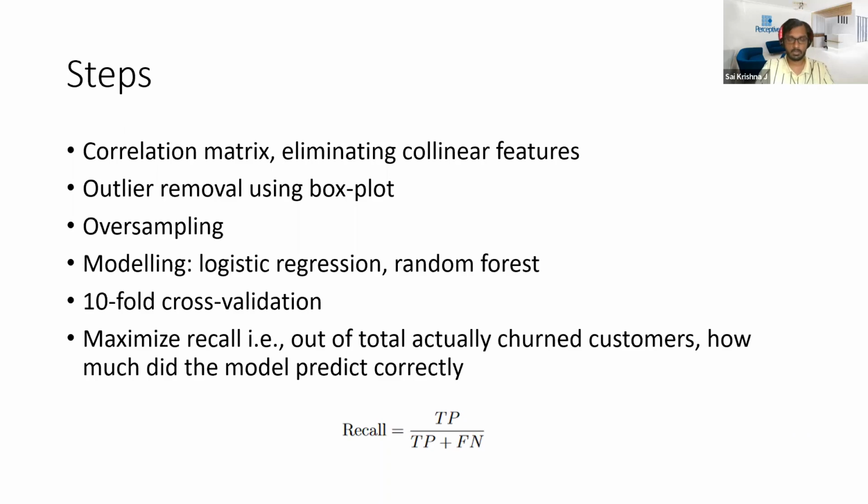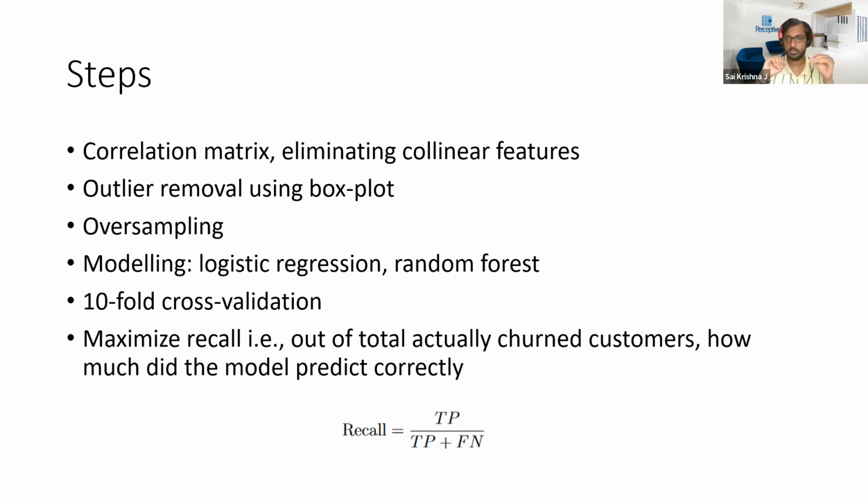Once they identified the list of features to be used, these are the steps that were followed. First, they had what we call the correlation matrix, which is like a heat map kind of thing, and this identifies if any of the independent variables are correlated with each other. Before embarking on the predictive modeling journey, we will have to eliminate multi-collinearity.